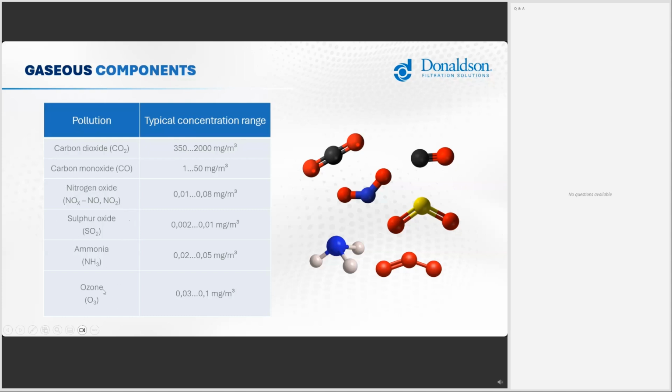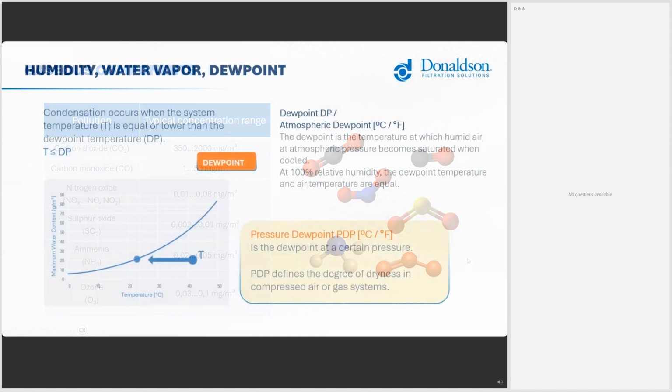This can be very critical components, and you need to take care of selecting the right material in order to avoid corrosion in your processes, especially in that areas where the compressed air system is not purified and not dried.